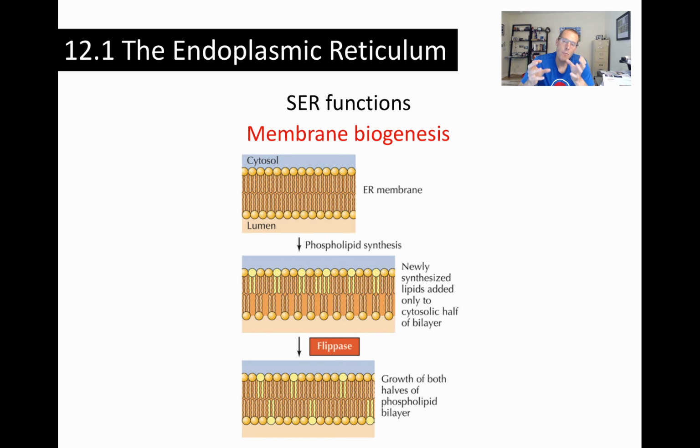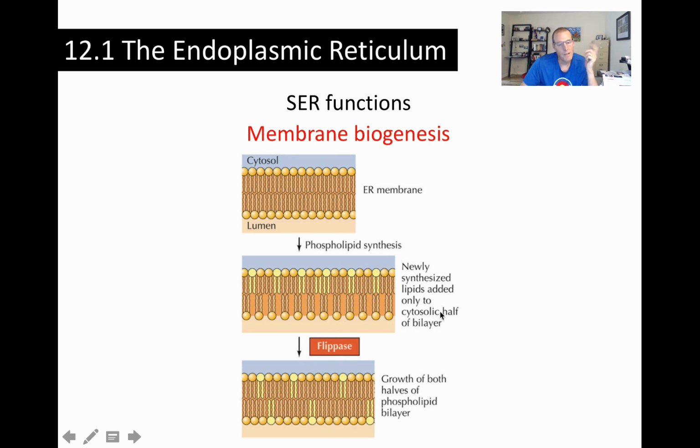The fatty acids that you need for membrane phospholipids are synthesized in the cytoplasm, and they're incorporated into the ER membrane on the cytosolic side. So the fatty acids are produced, and then the phospholipid synthesis and the integration of the phospholipids occurs only on the cytosolic half of the bilayer.